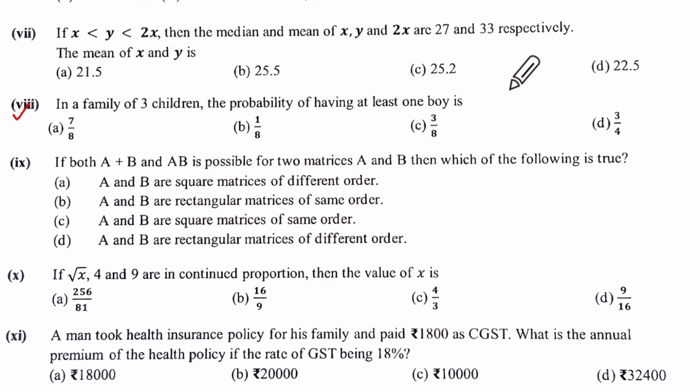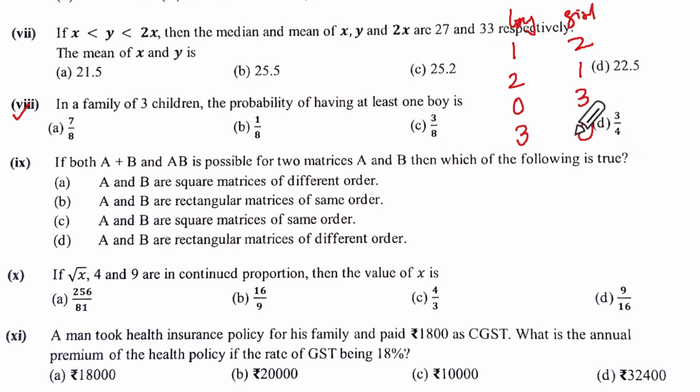Because you have to make cases. So the cases would be: one boy and 2 girls, or 2 boys and 1 girl, or 0 boys and 3 girls, or 3 boys and 0 girls. Thankfully, I can't write 1.5. So that gives 3 out of 4.